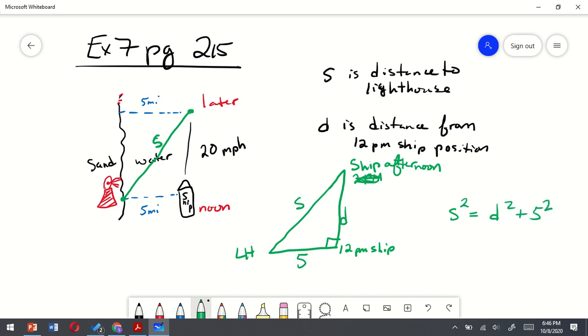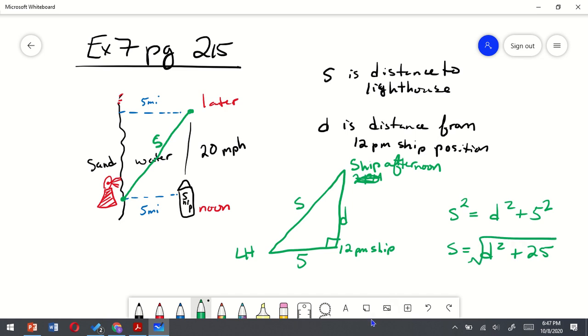I want to make it just say S, though, because I'm asked to create a function that expresses the distance S as a function of D. That means solve for S in terms of D. So we take the square root on both sides, and we get that S equals the square root of D squared plus 25.